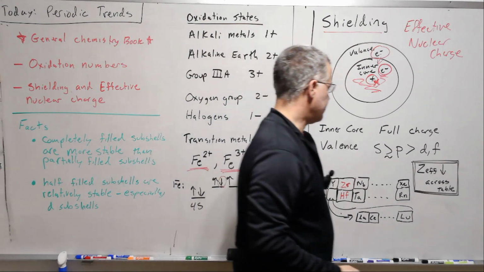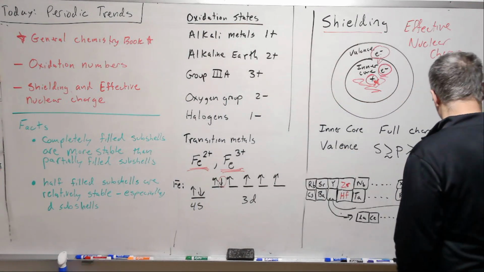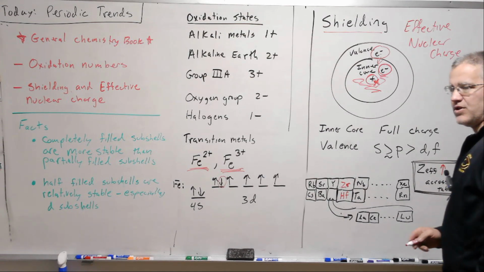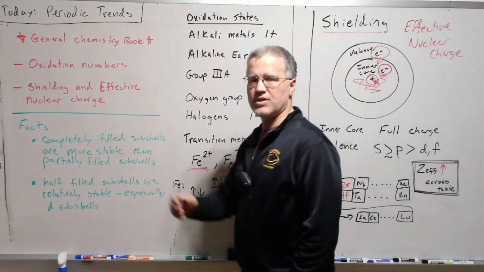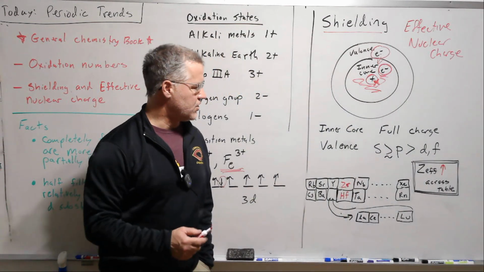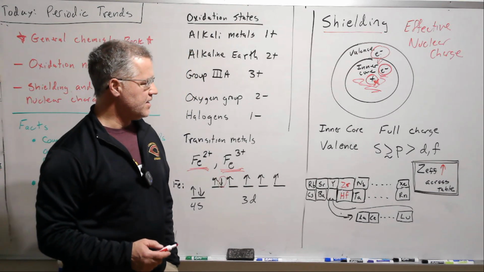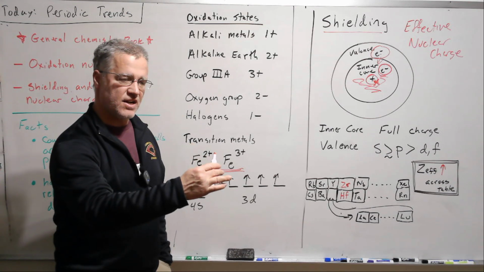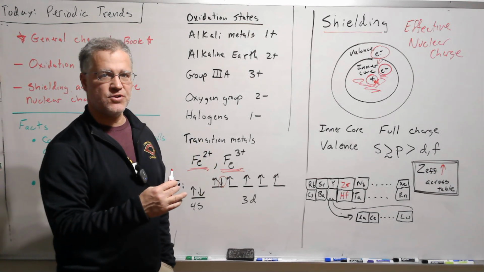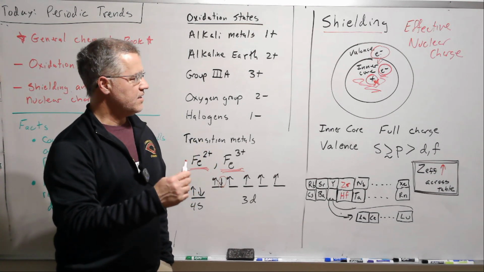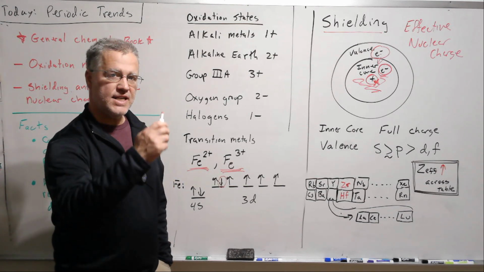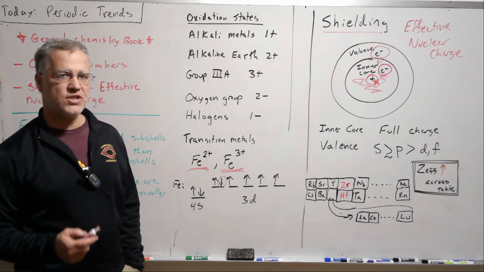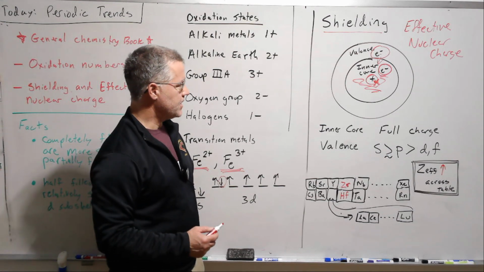So the effective nuclear charge, oh, I got this backwards. Effective nuclear charge goes up as we go across the table. So as we go across the table, the effective nuclear charge goes up, and that's because we're adding valence electrons. They're not shielding 100%, and therefore what each valence electron feels is a stronger charge than just one.